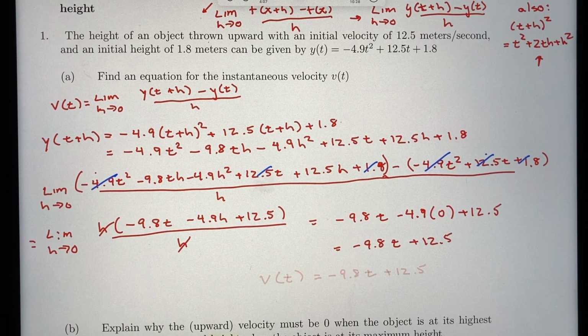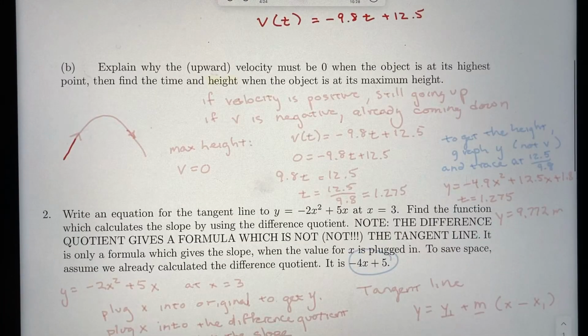And we have a velocity formula. Incidentally, 9.8 meters per second squared is gravity on the surface of the Earth. Actual real number. Wow. Okay.